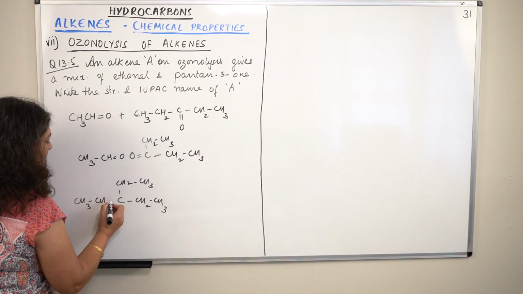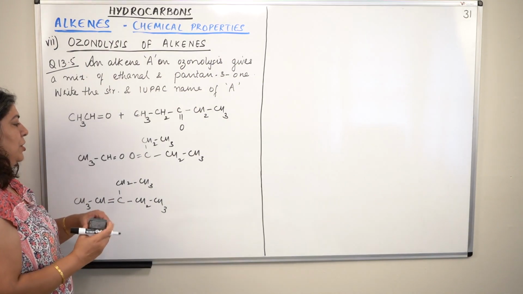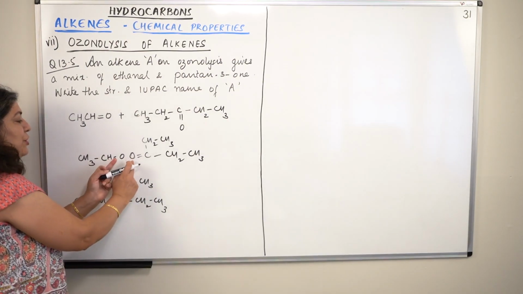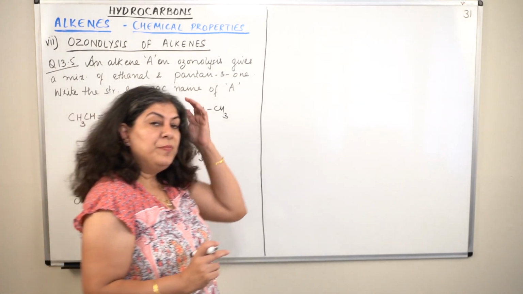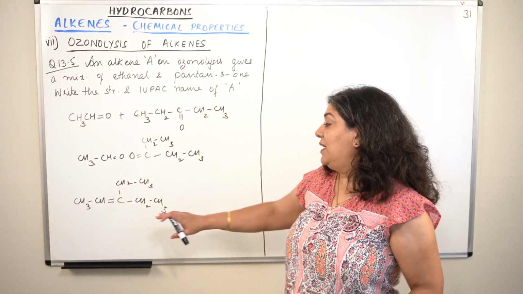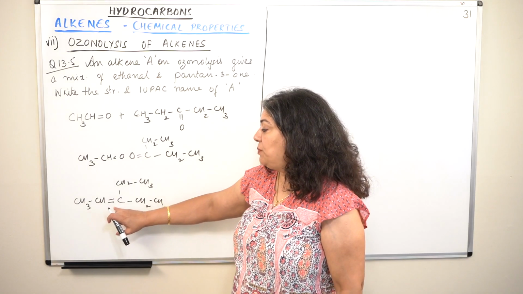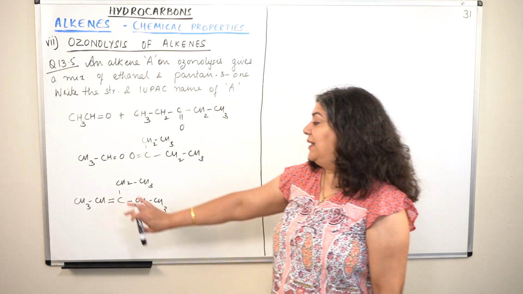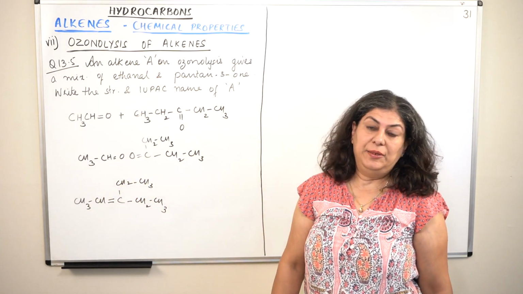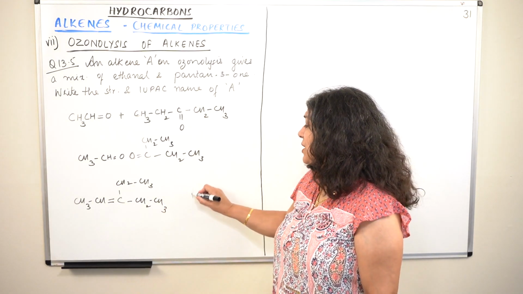Between these 2 carbons now, I put a double bond. The 2 carbons which were forming double bonds with oxygen, now instead of writing oxygen here, I just put a double bond between the two, and that gives me the original alkene. So this is compound A.